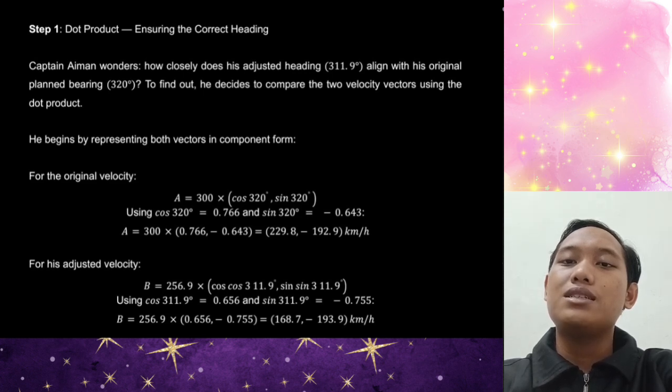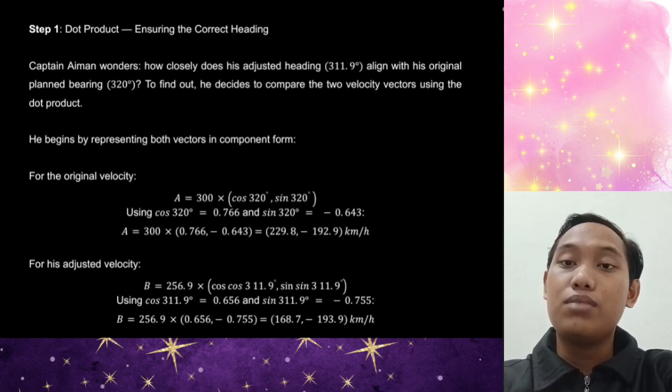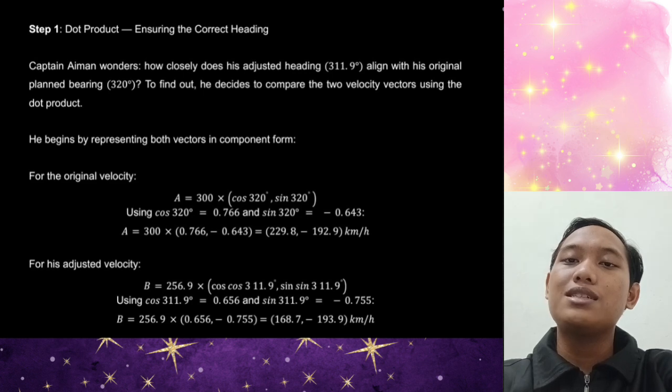Okay, next we substitute the values. A equals 300 times (0.766, negative 0.643), which equals (229.8, negative 192.9) km per hour.